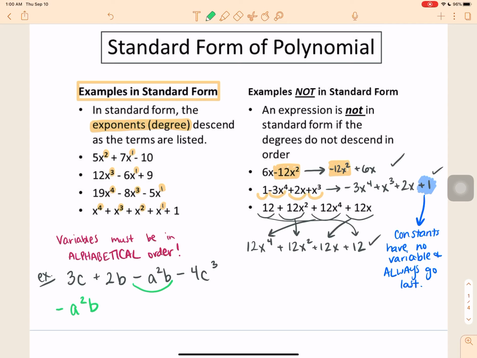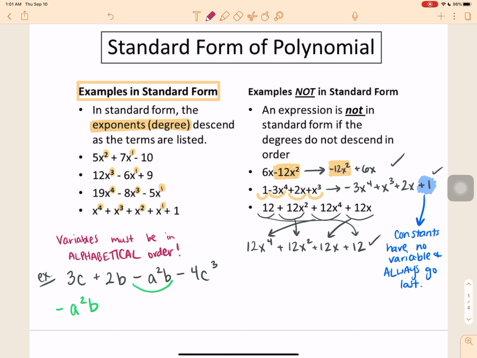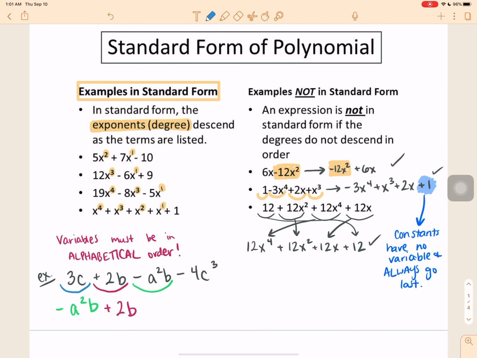Okay, and that is one term. So that A squared and B, they're being multiplied, so that's considered only one term. Okay, and then I have my B. That's the next letter in the alphabet, A, B, C, right? So now we're going to have plus 2B, and I have no other B's to worry about. And then I see my C, 3C.